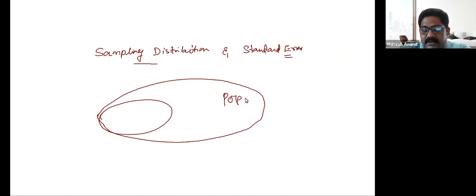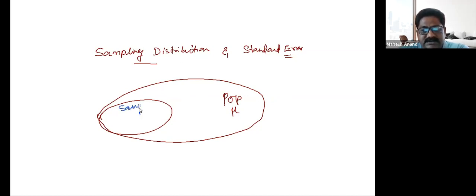If the variable is quantitative, we are trying to infer the population mean value. If it is a qualitative variable, we will be inferring the population proportion. I'll give you an example in both cases.